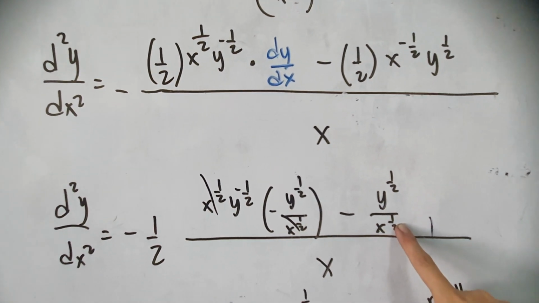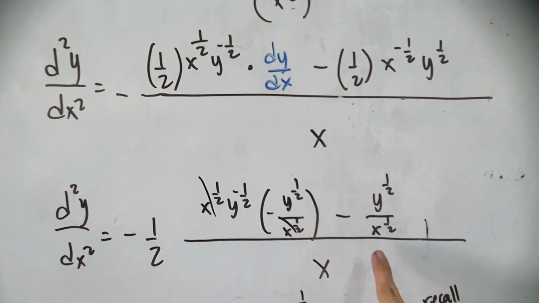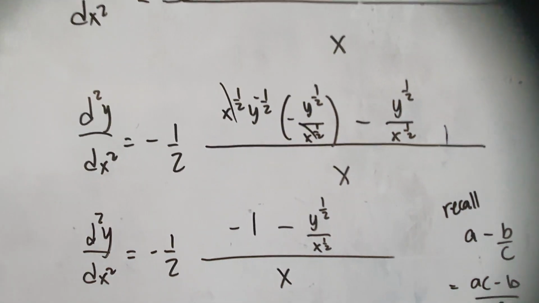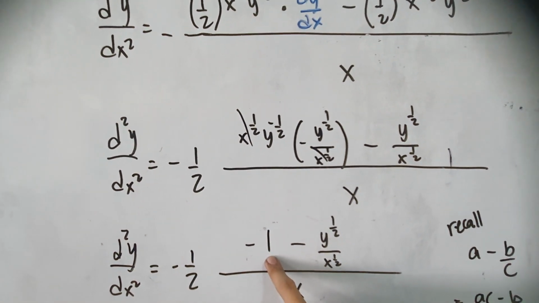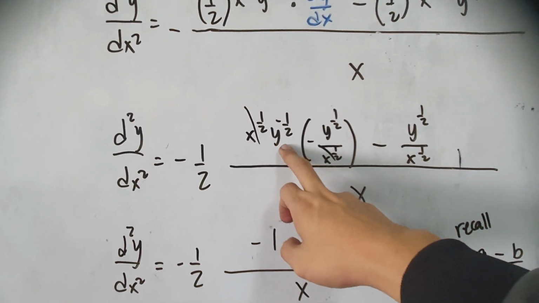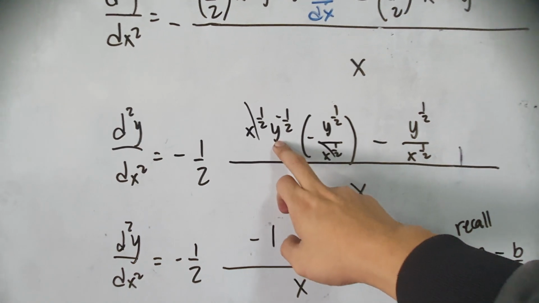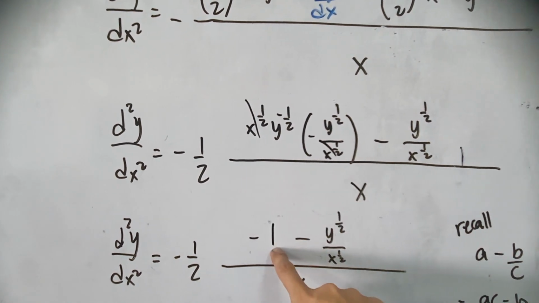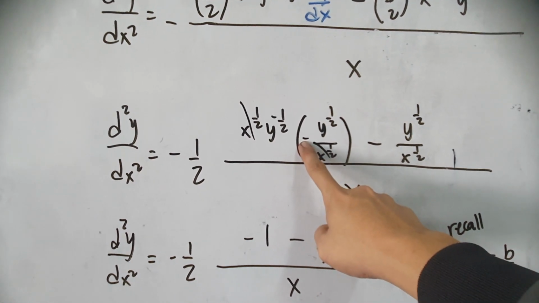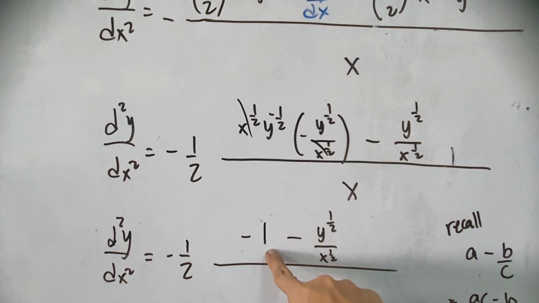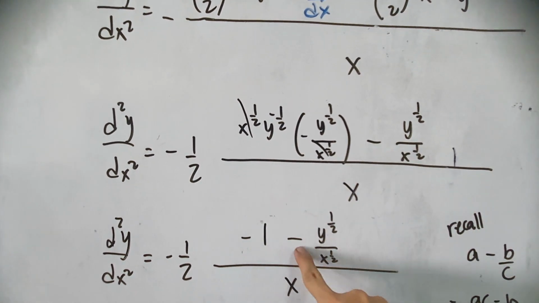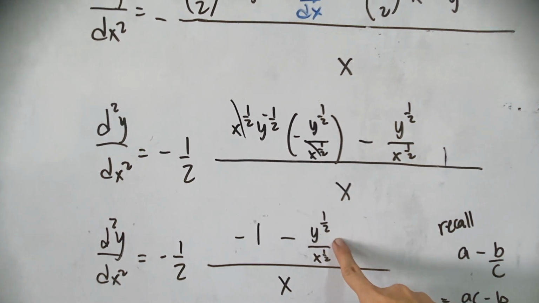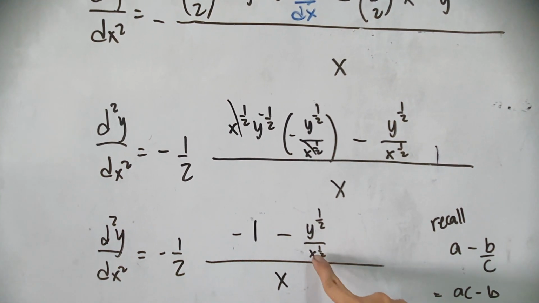So we're left with, after the cancellations, this one, negative 1. Since this is y raised to 0 or 1, and since this is negative, this is negative 1, minus, we have the fraction y raised to the power 1 half over x raised to the power of 1 half.